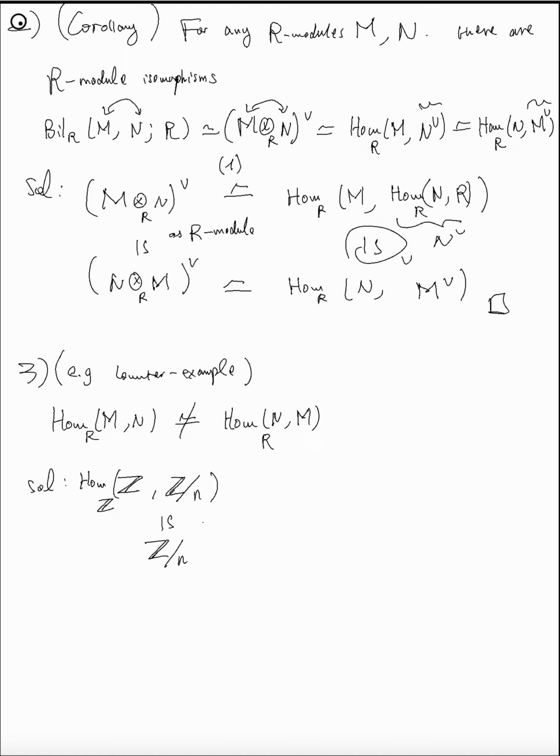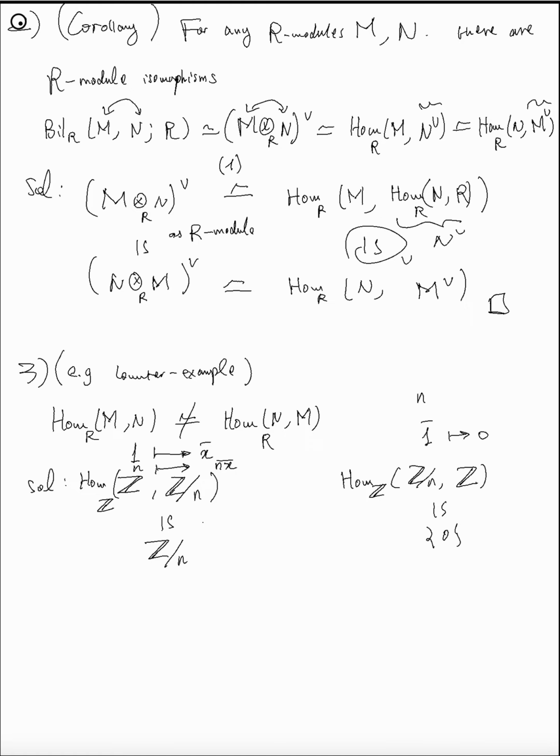So it's determined by, say, the image of 1. And then N must be mapped to an x bar. As a Z-module homomorphism, this is 0, because this can only be mapped to 0.